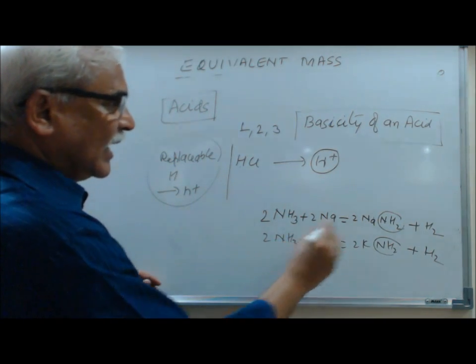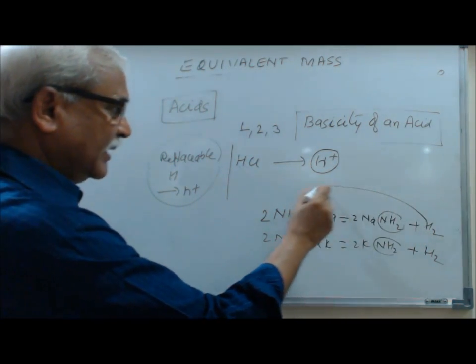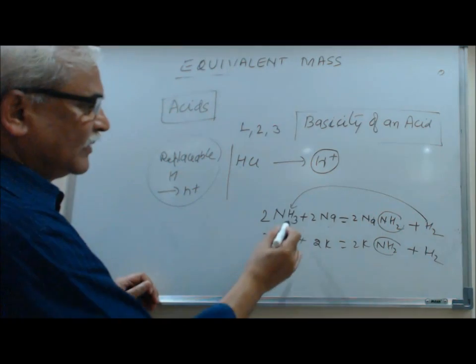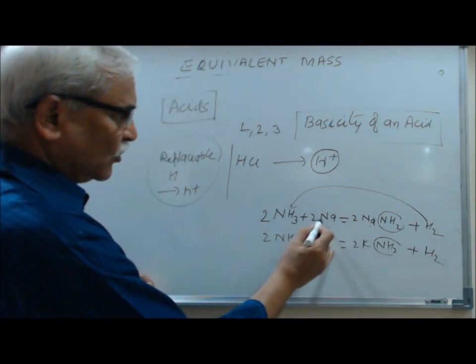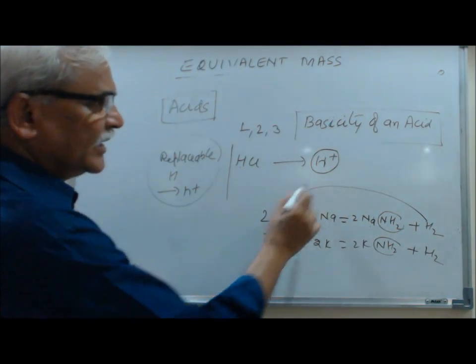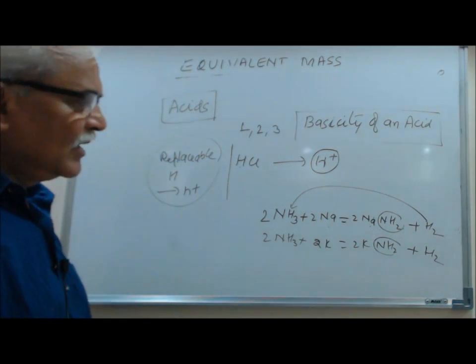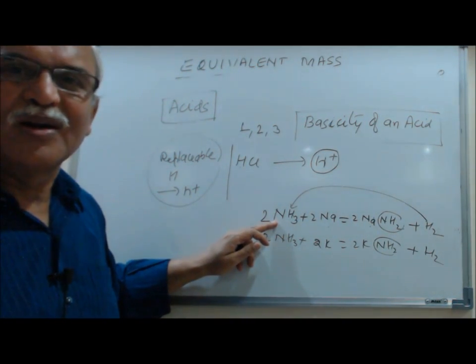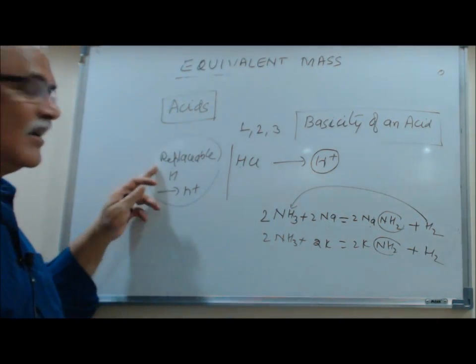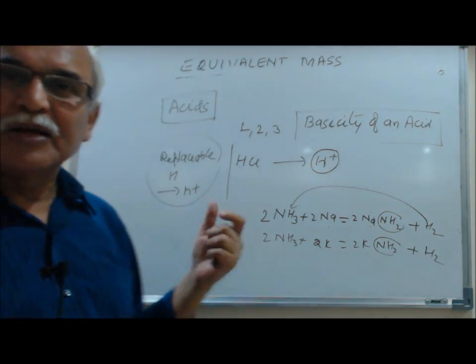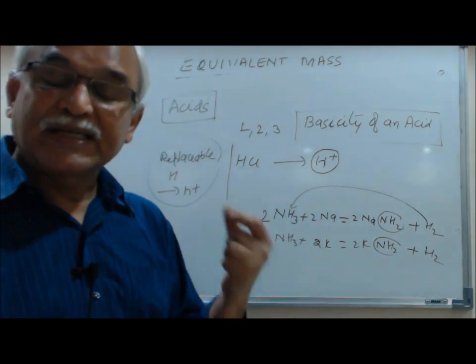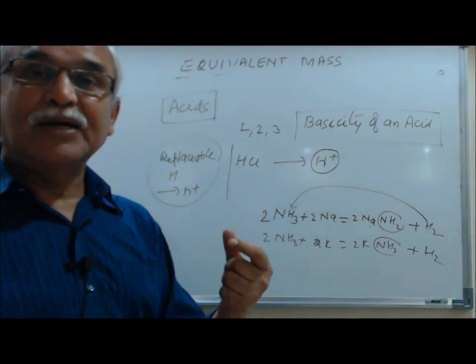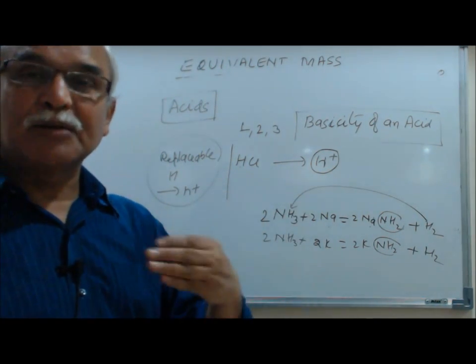So go slowly. Hydrogen is being replaced from ammonia by sodium. Sodium is replacing H. H is going out. Does that make ammonia an acid? No, because I did not say the molecule must contain replaceable hydrogen atom. I said the replaceable hydrogen atom should be coming out as a proton.